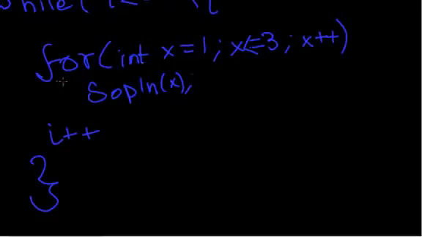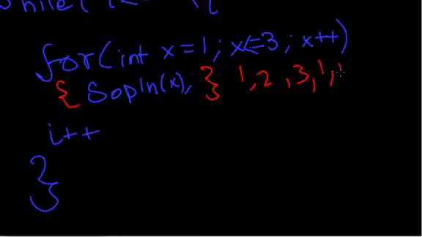The for loop is only from here till here, there's one line. So let's assume that i is initially defined as 1. So it comes here, x goes from 1 to 3, it prints 1, 2, 3, i becomes 2, comes here, again prints 1, 2, 3.